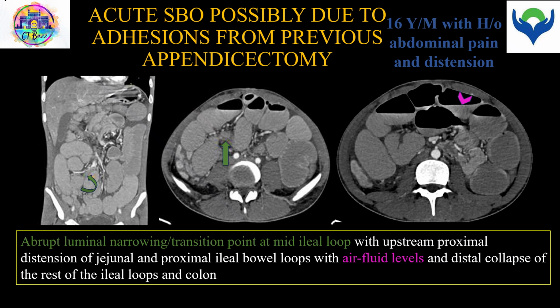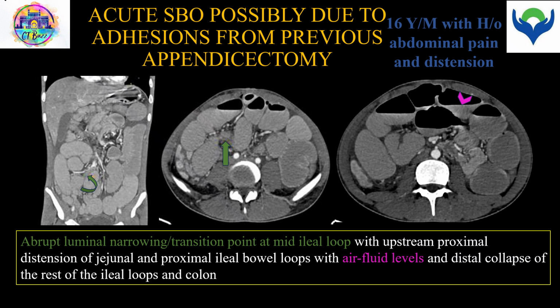A case of a 16-year-old male patient who came with complaints of abdominal pain and distension with past history of appendicectomy done a year back, and it was found to be having acute small bowel obstruction, possibly due to adhesions from previous appendicectomy.